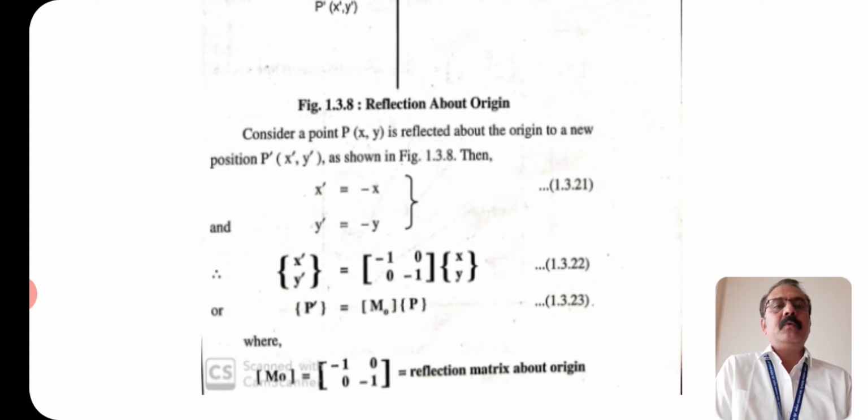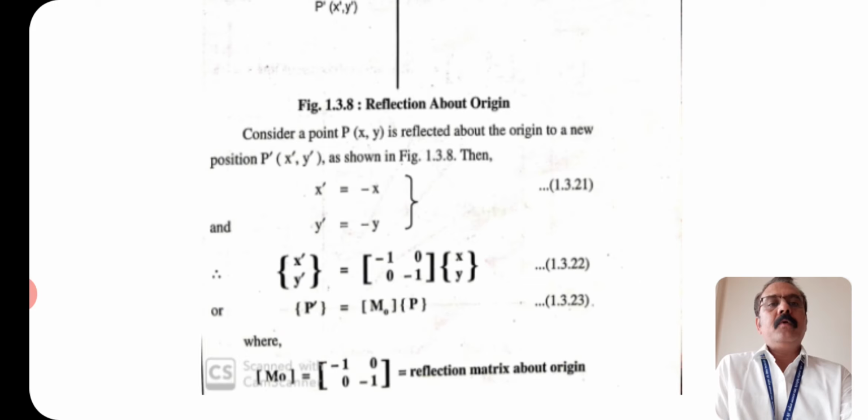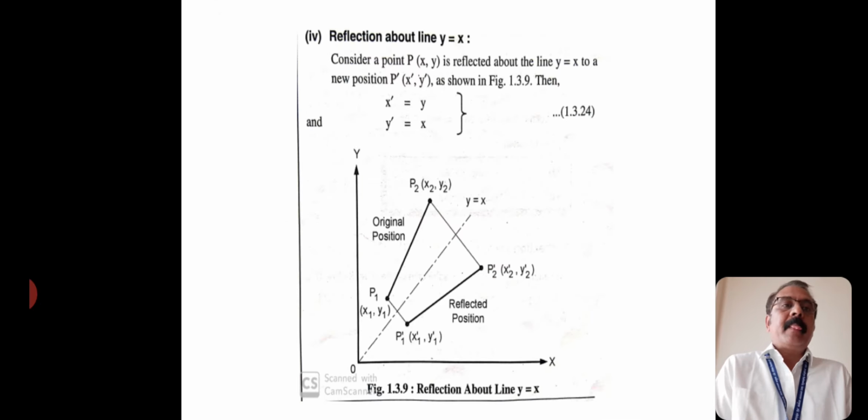Therefore P' is equal to matrix MO into matrix P. MO is nothing but the reflection matrix about origin, and the value is [-1 0; 0 -1]. Similarly, the fourth case, reflection about line y is equal to x. As it is y is equal to x, from the geometry it is clear that x' is equal to y and y' is equal to x.